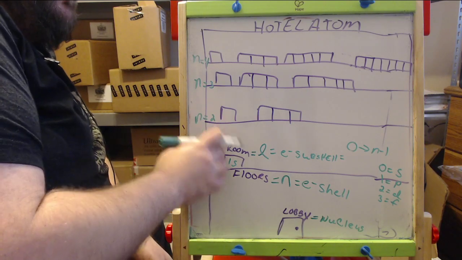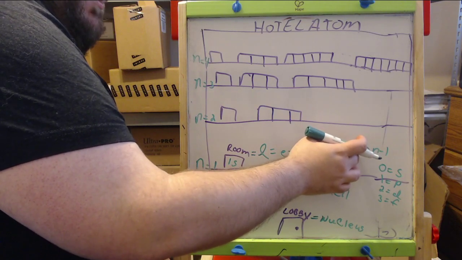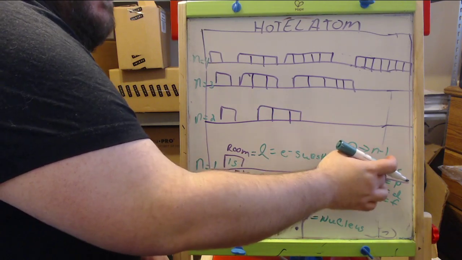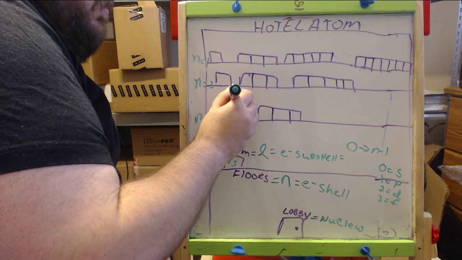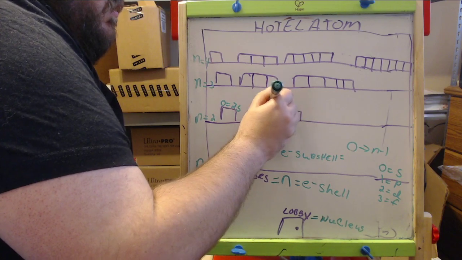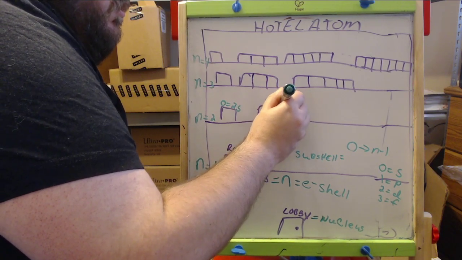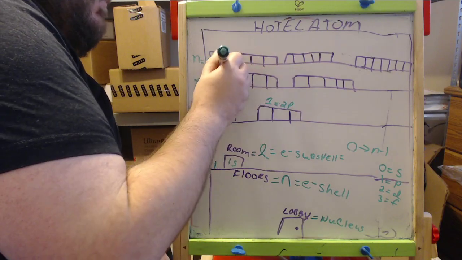On floor 2, okay, what's our values going to be? 0 and 2 minus 1, so a 0 and a 1. Here's our 0, which is equal to 2s. Here's our 1, which is equal to 2p. And then so on and so forth.